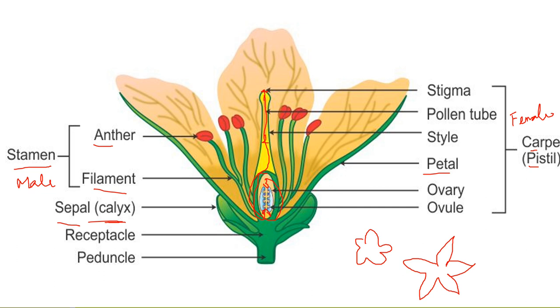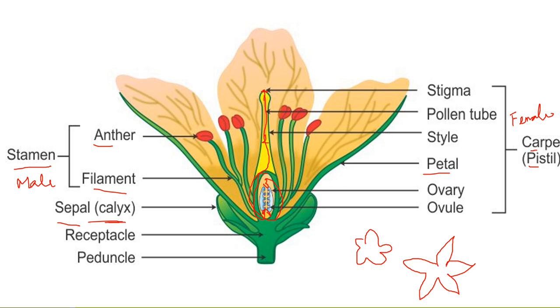Yes, petals are colored appendages of the flower which help in attracting insects for pollination. Pollination is the process in which pollen grains from the stamen are transferred to the stigma of the pistil. Okay, means the male gamete is reaching the female gamete.